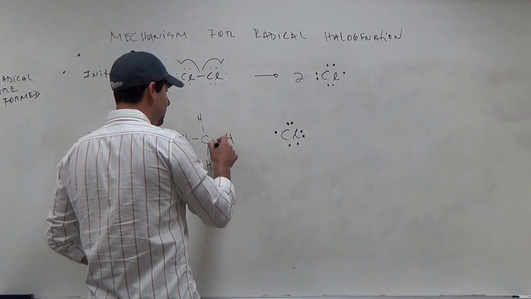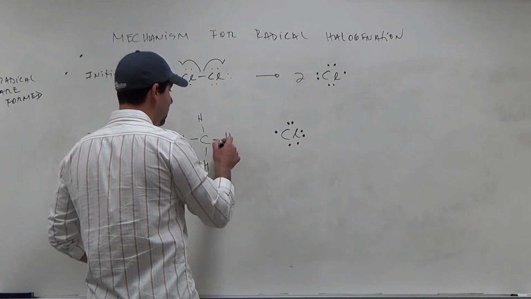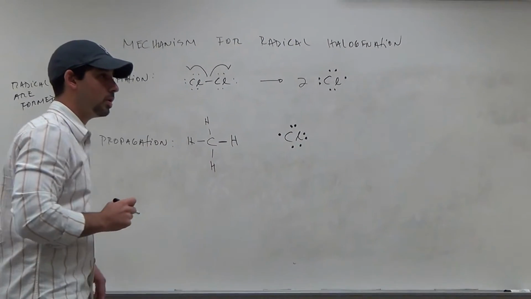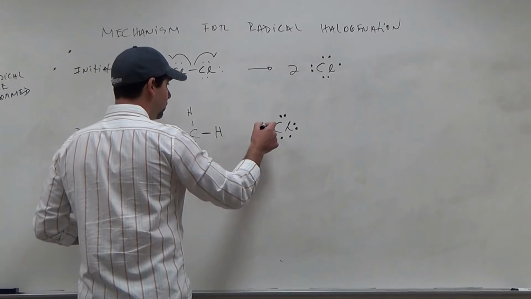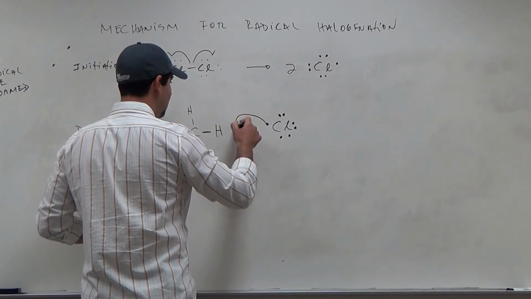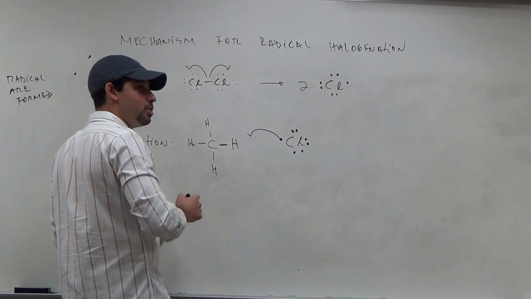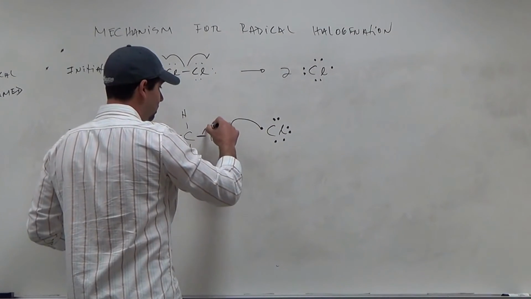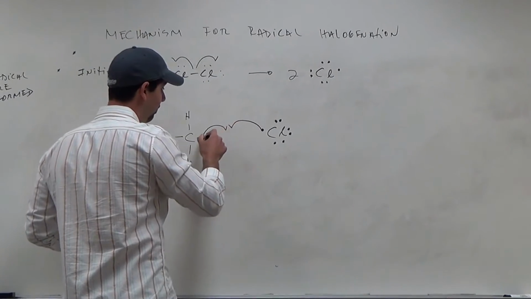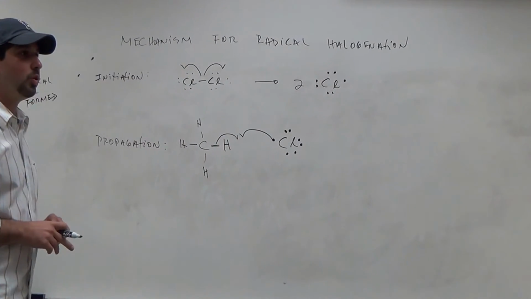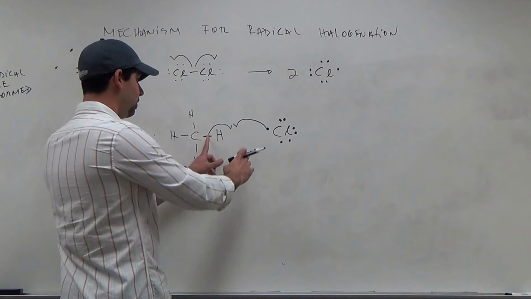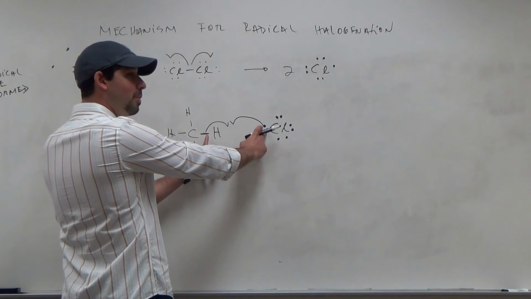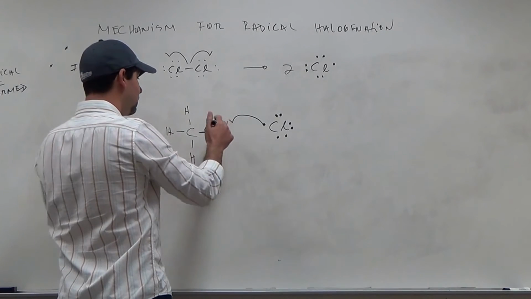So here's what happens. There is a bond, and there is a radical. Now the radical wants to abstract a hydrogen from this methane. One electron from this bond is going to pair with the electron from the chlorine radical, making a bond composed of 2 electrons.